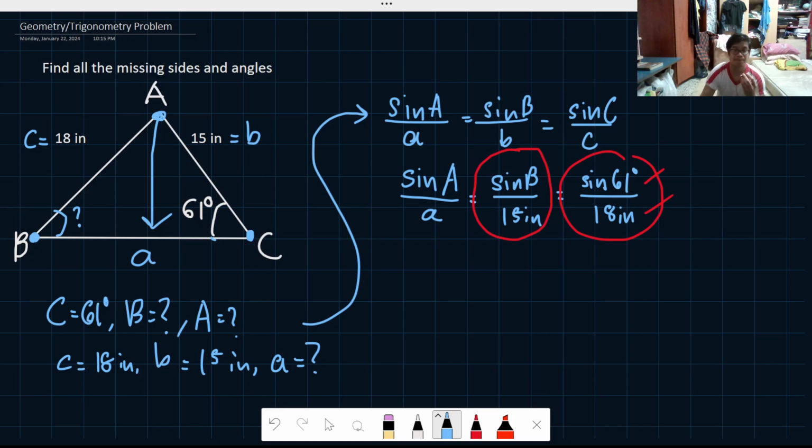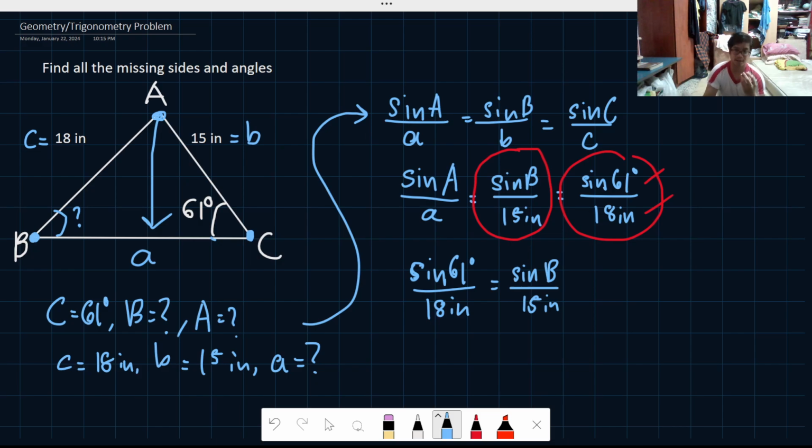So I pick two fractions. What are we going to do now? We're going to equate them. So we will have sine of 61 degrees all over 18 inches is equal to sine B all over 15 inches.